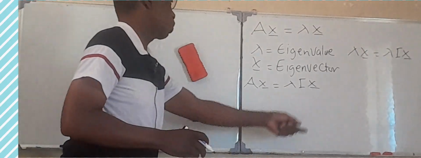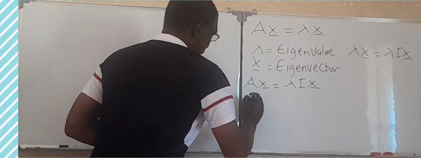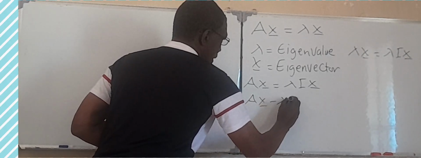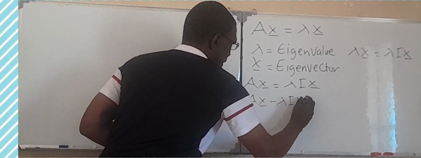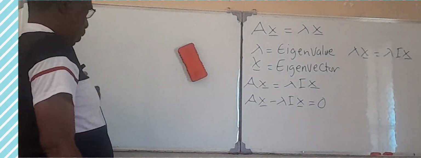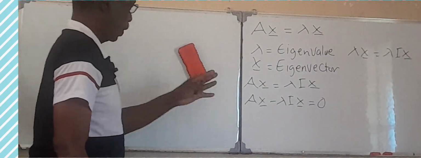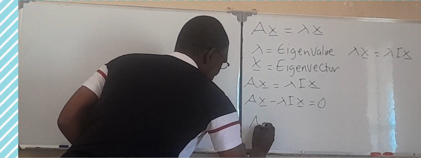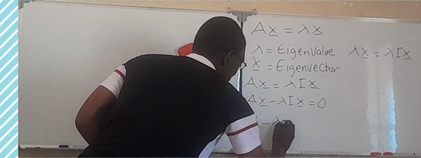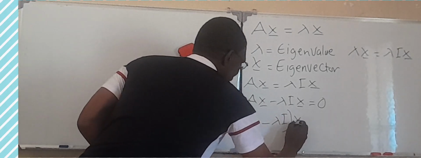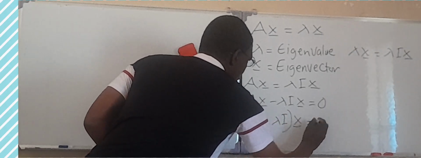Let's take everything to the left-hand side. We now have Ax minus lambda I x is now equal to 0 because everybody has gone to the other side. We can factorize this, factor out our vector x and write (A minus lambda I) vector x is equal to 0.